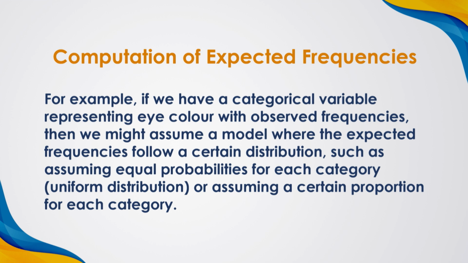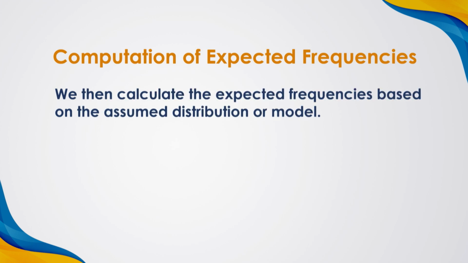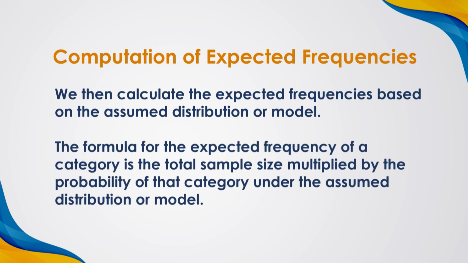Usually if you choose any distribution, you should be clear about your probabilities here, also assuming equal probabilities. Now you can calculate the expected frequencies based on the assumed distribution or model. The formula for expected frequency of a category is the total sample size multiplied by the probability of that category under the assumed distribution or model.